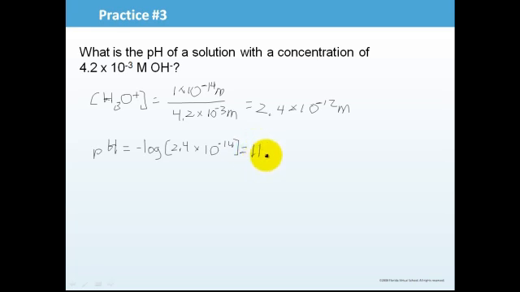And that gives you 11.6 for a pH. And again, that makes sense because it's over 7. We have a basic solution, so we probably have our answer correct.